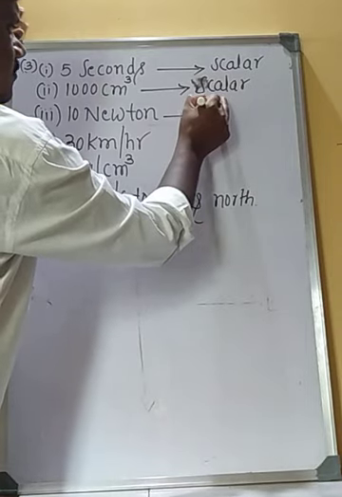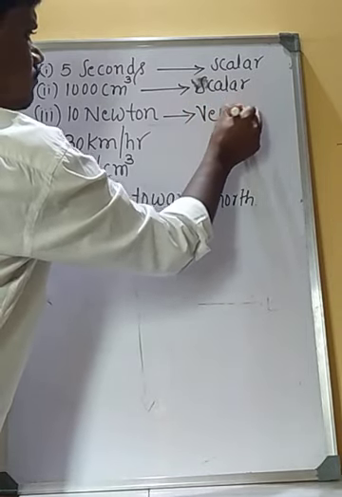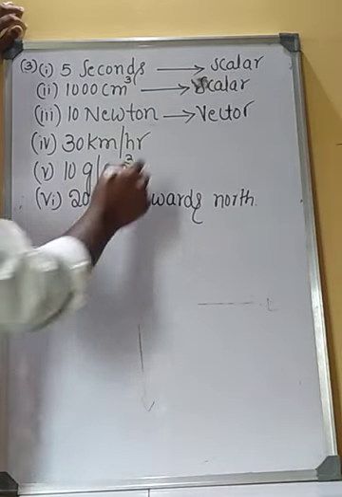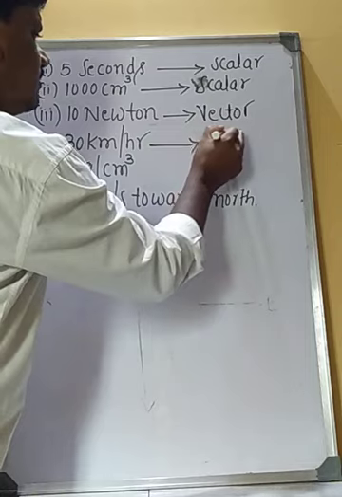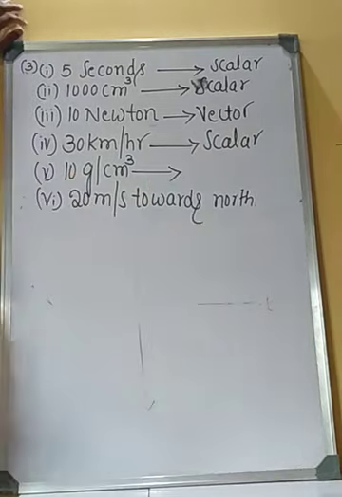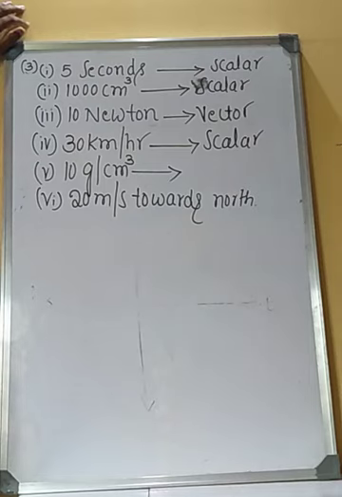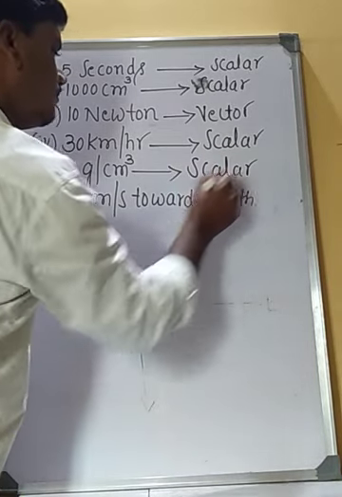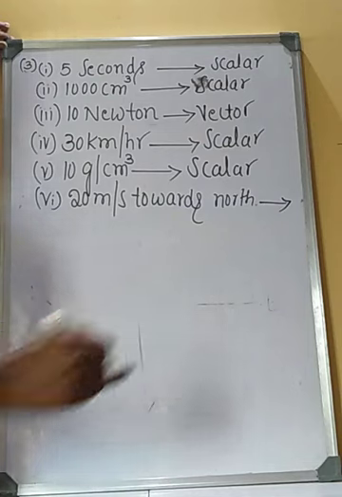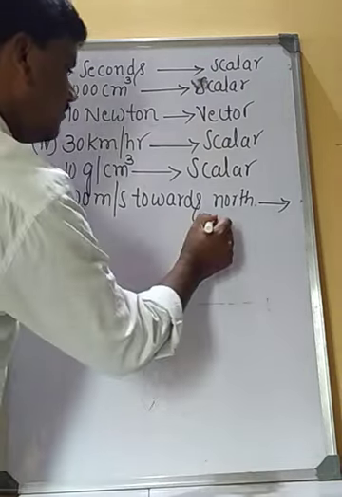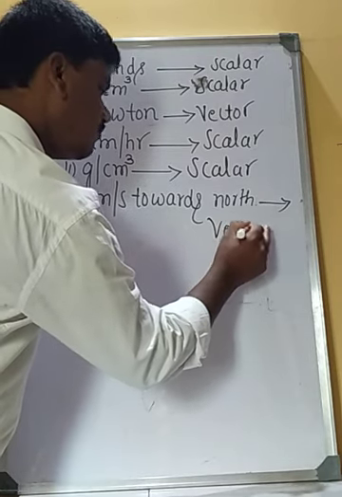Force is a vector. 30 kilometer per hour, speed. Speed is a scalar. 10 gram per centimeter cube, that is density. Density is a scalar. 20 meter per second towards north, velocity. Velocity is a vector.